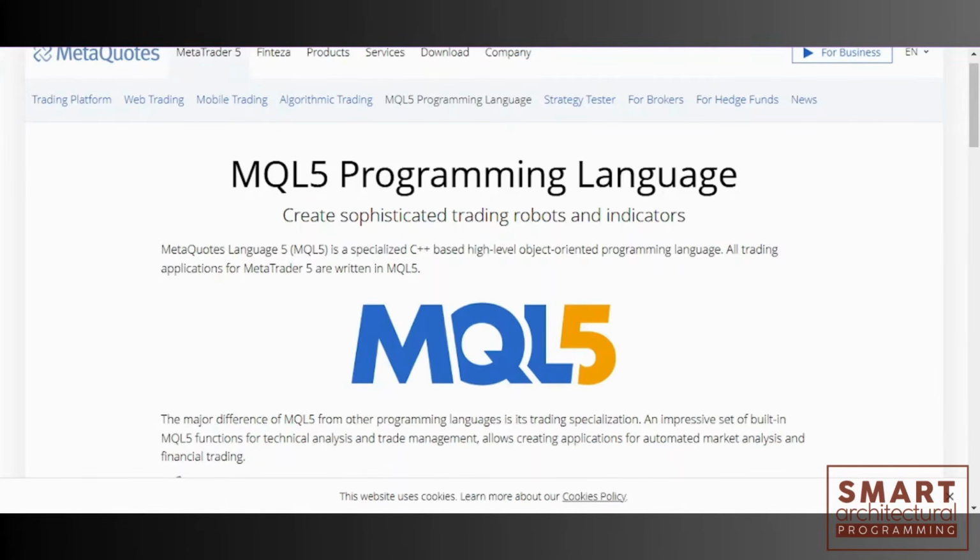The key concepts to learn in MQL5 are data structures and variables, functions for market data analysis, and logic for trade execution, which basically means entry and exit conditions for your trade. The resources that you can use to learn this are the official MQL5 documentation, online courses and tutorials, and community forums on mql5.com, basically. So these are resources you can use to learn those 3 core fundamentals for MQL5.